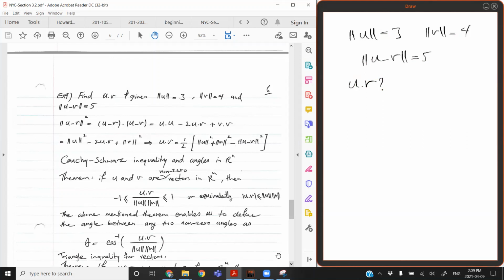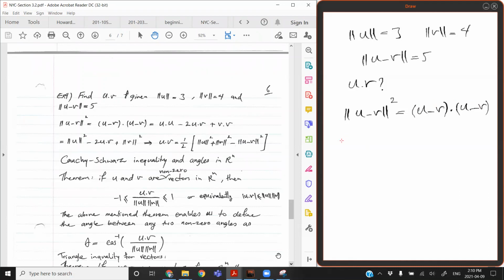So the way to approach this is like this. You say the norm of u minus v squared is going to be u minus v dot product itself. It's going to be u minus v times u minus v. Then you're going to use those properties.